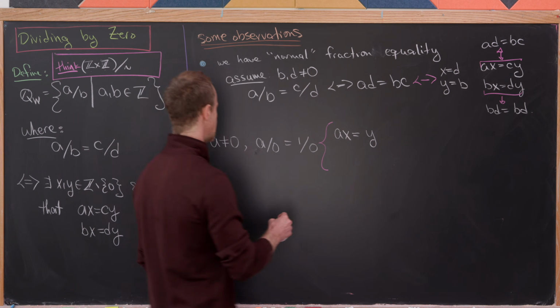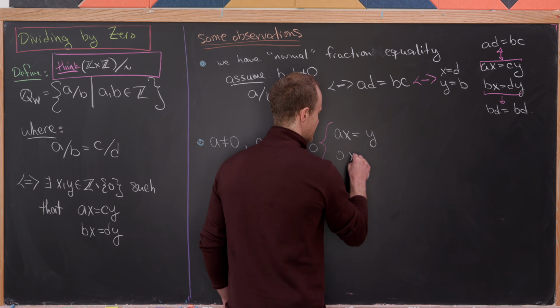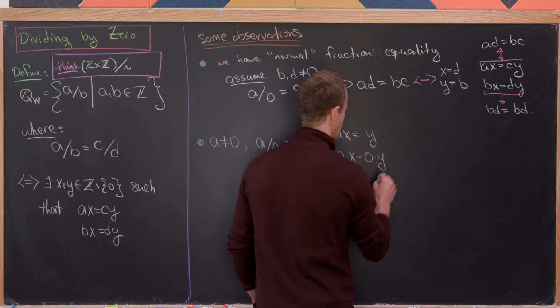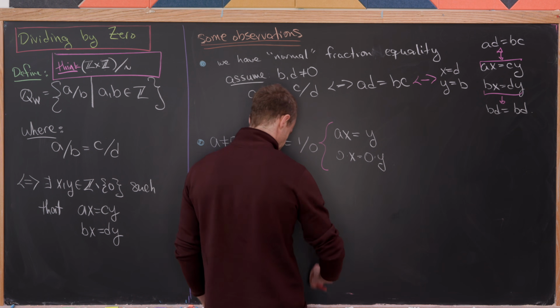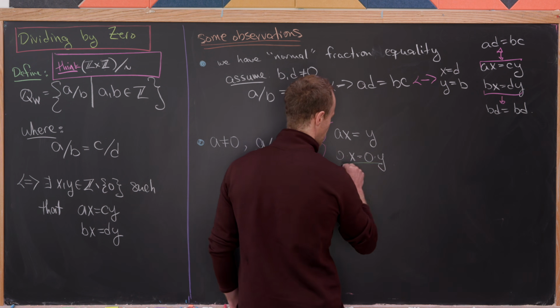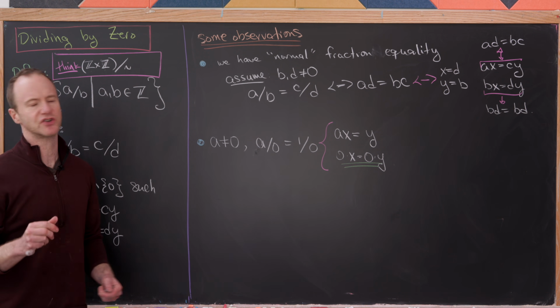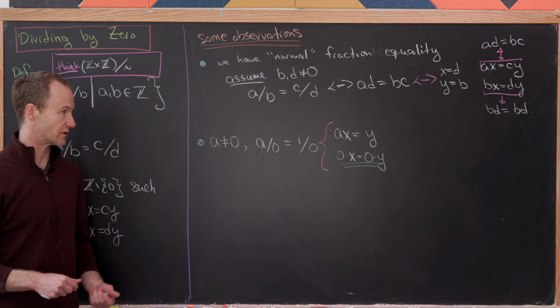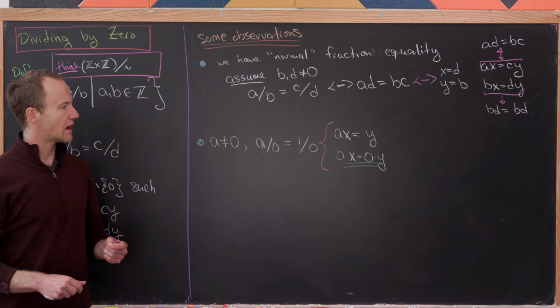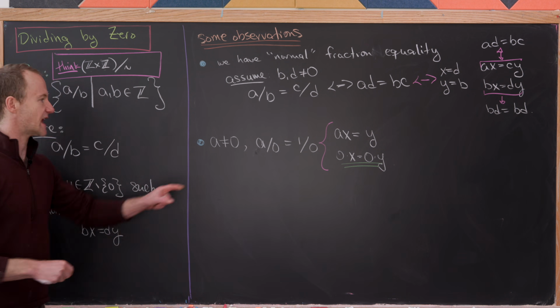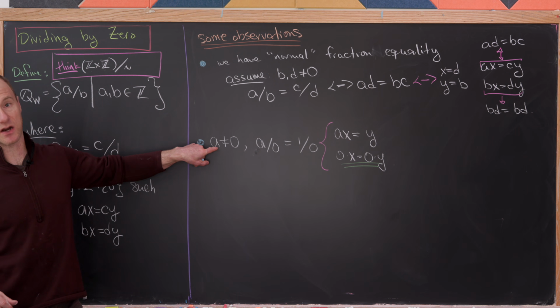And then we would need 0 times x to be equal to 0 times y. But observe that this thing holds all of the time, because that's just within the integers: 0 equals 0.